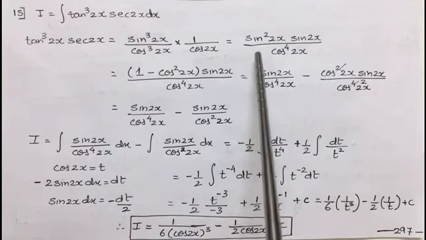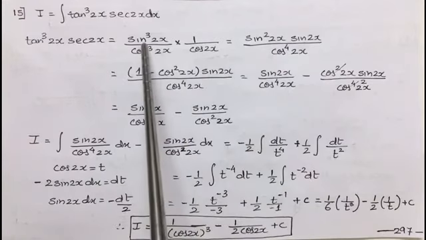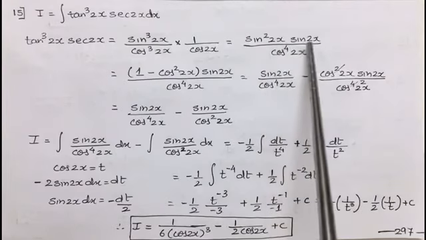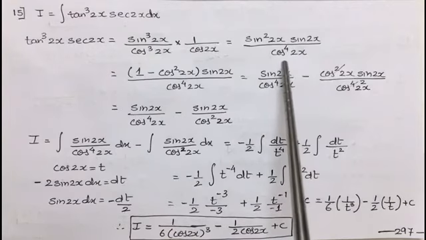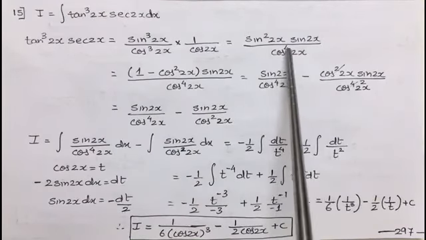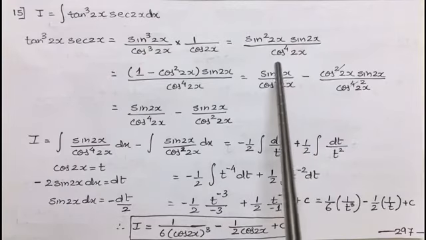Now separating sin cube 2x as sin square 2x and sin 2x, cos raised to 4 2x, by multiplying 3 and 1 we get cos raised to 4 2x.